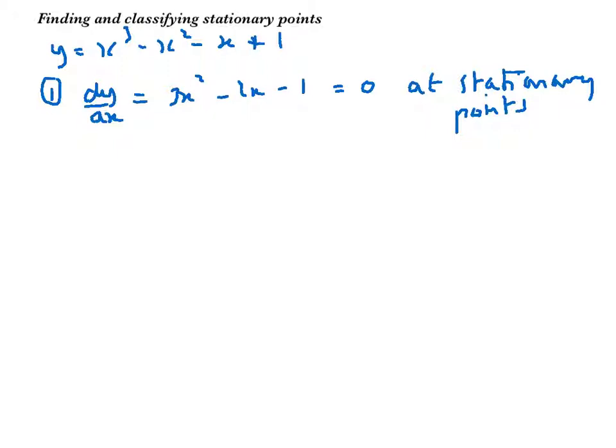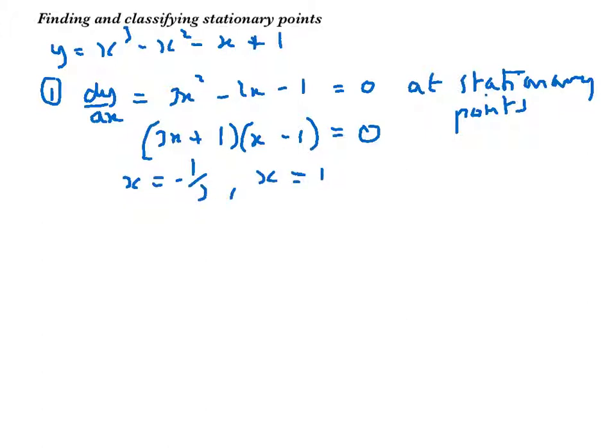It's only at stationary points. So it's very important to write that down. Let the examiner know why you're doing what you're doing. Then we're just going to factorize this, because we're trying to find the coordinates of our stationary point. So here I can tell that x must equal minus a third and x must equal 1.